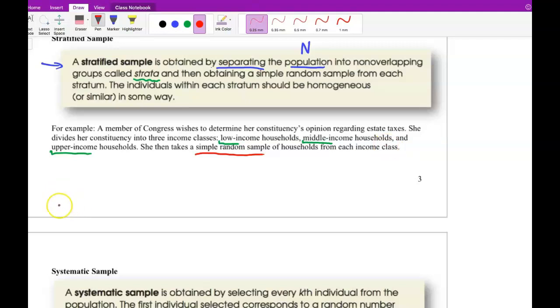Okay, so let's try that one. In total, this is the population. I have many individuals here, I'm not sure how many.